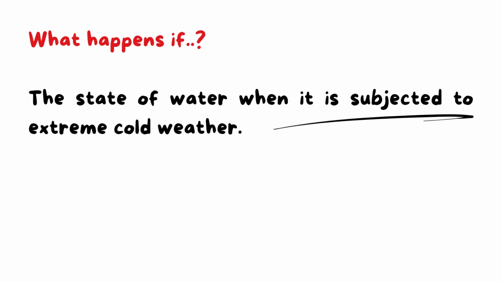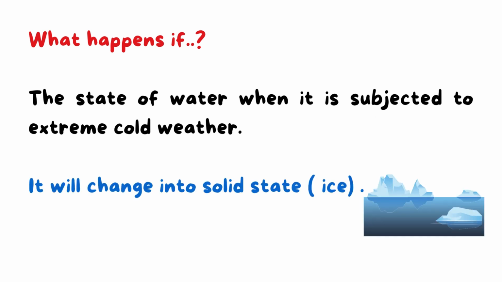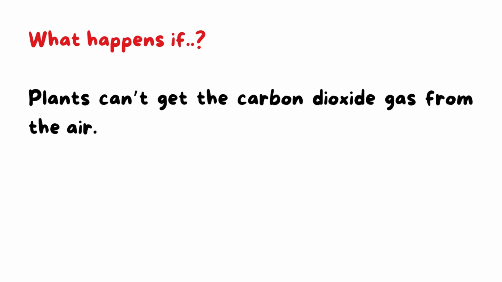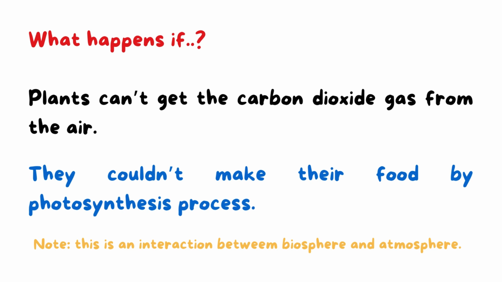What will happen? Yes, it will change into solid state, which is ice. What happens if plants can't get carbon dioxide gas from the air? Yes, they couldn't make their food by photosynthesis, because carbon dioxide is very important in the photosynthesis process.